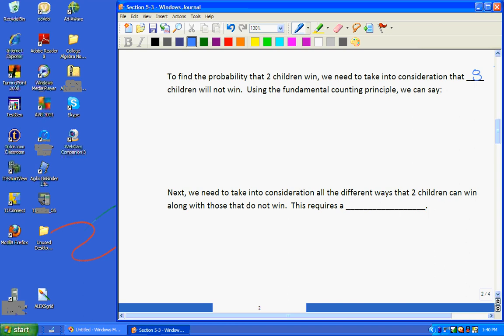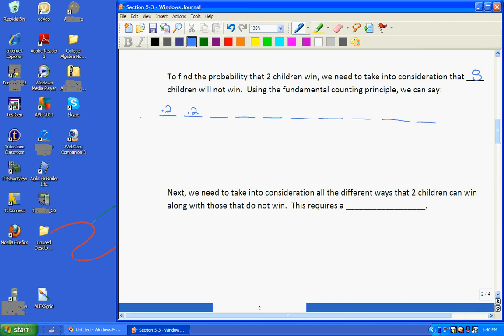So if we think of this using the fundamental counting principle that we talked about in Chapter 4, think of having 10 slots. So let's say the first 2 kids win. What's the probability that each one wins? 0.2.